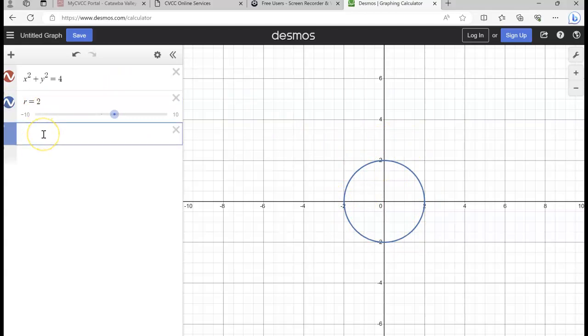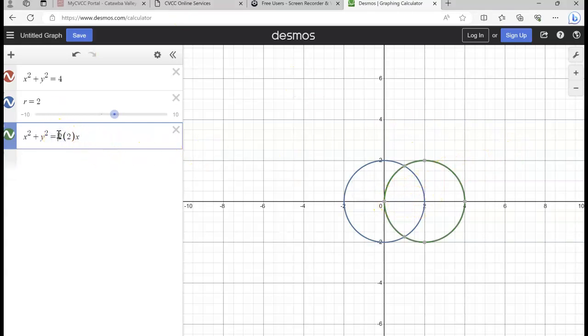So now let's shift it. Let's say we had x squared plus y squared is equal to 2 times a, which is the radius, times x. You can see how that shifted the graph to the right.